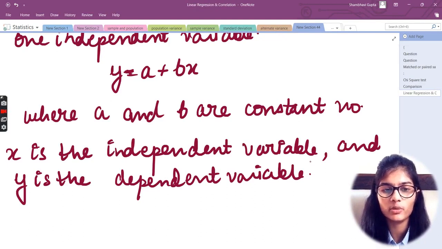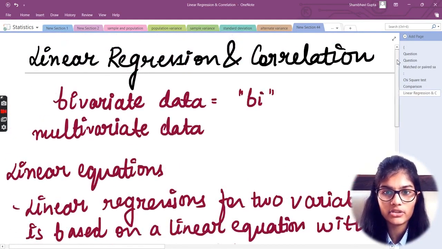So basically what we do is choose which value to substitute for the independent variable, and then solve for the dependent variable. In this case, x is the independent variable and y is the dependent variable which we have here.